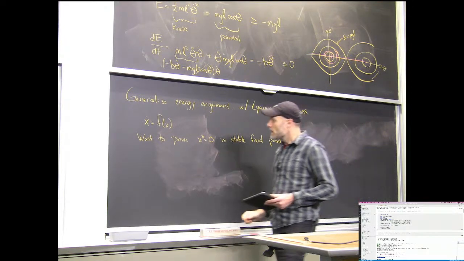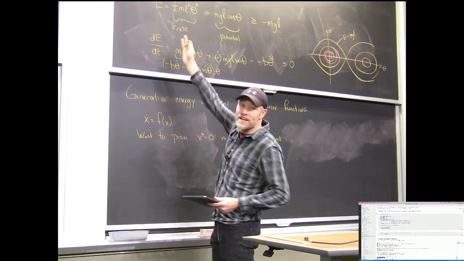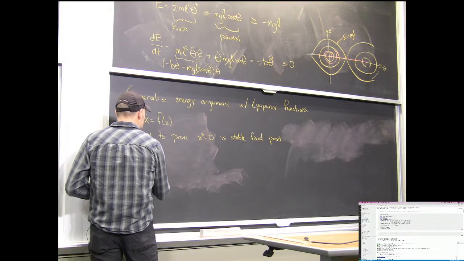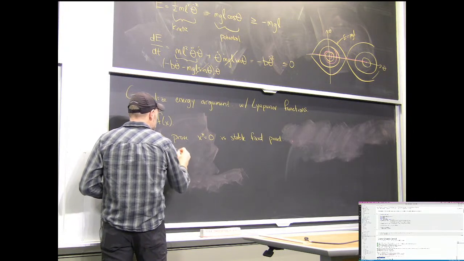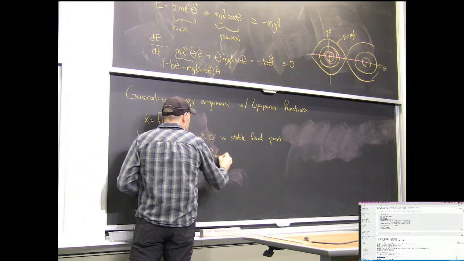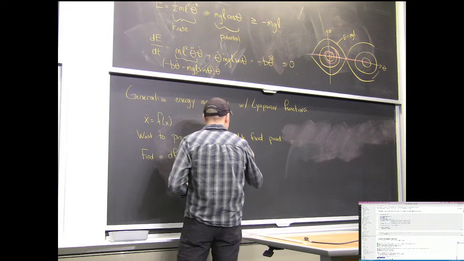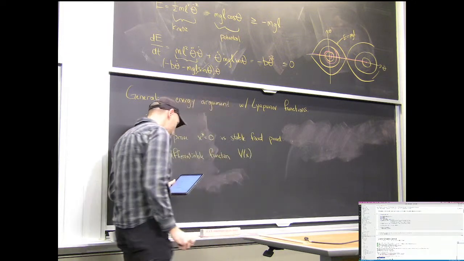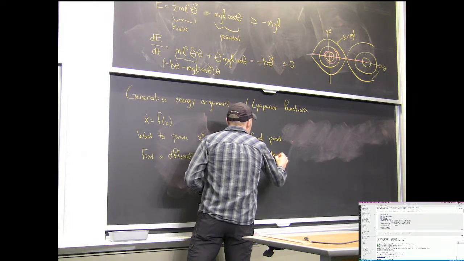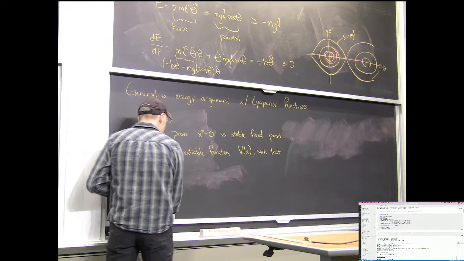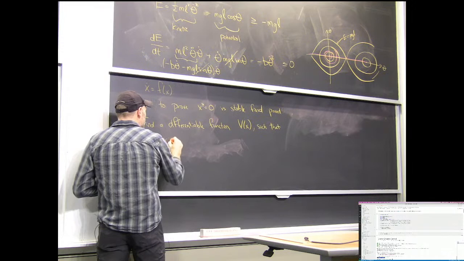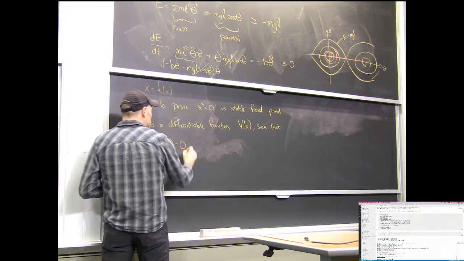Okay? It turns out if you can find an energy function, if you find some differentiable function, we'll call it V, such that V at the origin equals 0.